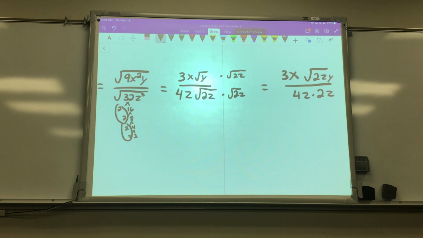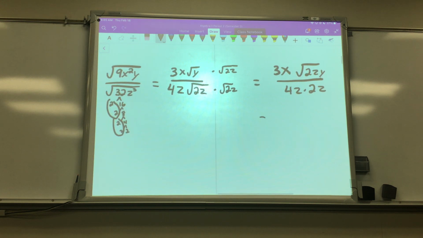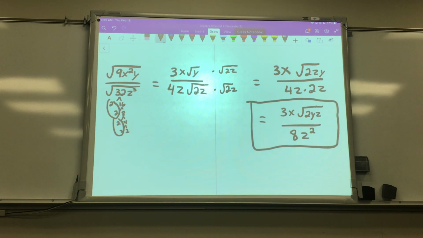Can't forget about our 4z in front though. Then we got 3x square root of 2yz over 8z squared. Nothing simplifies past that.